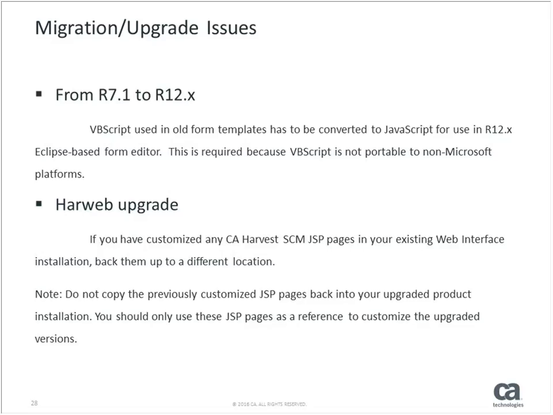So all the customizations have to be backed up, so that whenever there is any change in the XML form template, the JSPs get regenerated, and the backup is used to redo the customizations in the JSP files. Just do not copy all the JSP pages back to the upgraded product. What we can do is use them as a reference and accordingly change the newly generated JSP files with our needs.